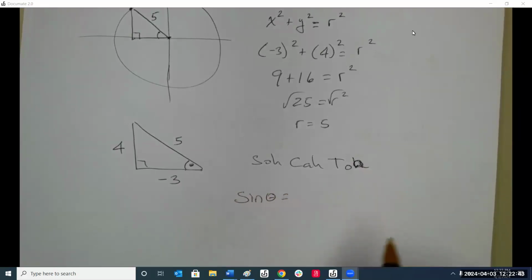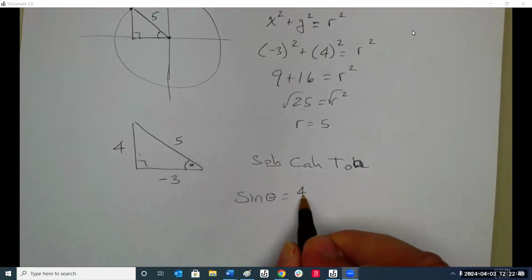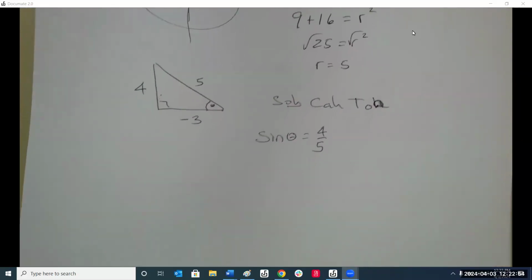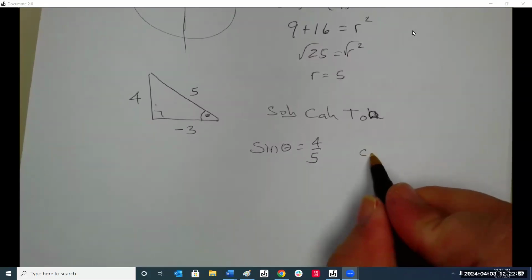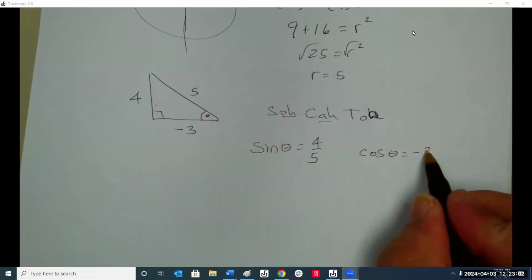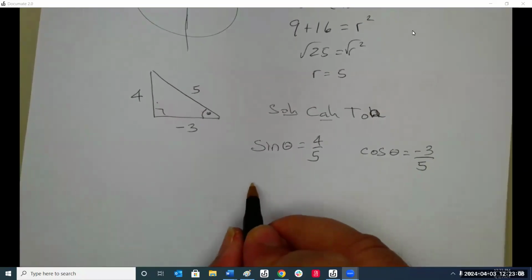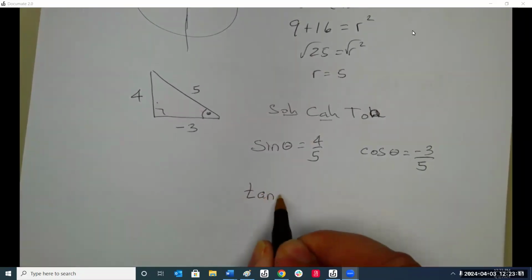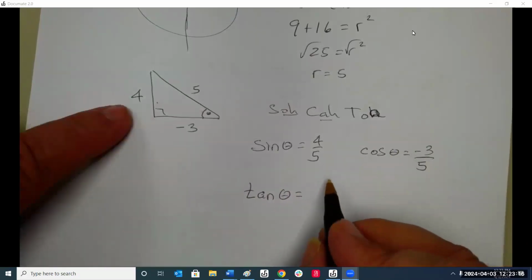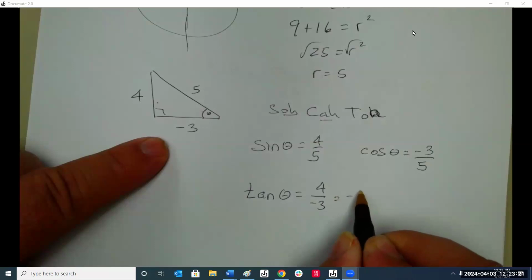So the sine of our angle is opposite, which is 4, over the hypotenuse. Cosine of our angle is the adjacent, which is -3, over the hypotenuse. Tangent is the opposite, which is 4, over the adjacent, which makes it -4/3.